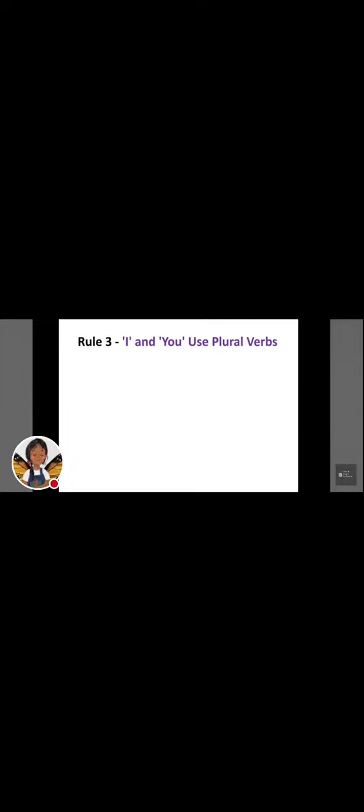Rule number 3. With I and you, we use plural verbs. Let us understand through examples. First example is I like apples. See the second example. You play football.